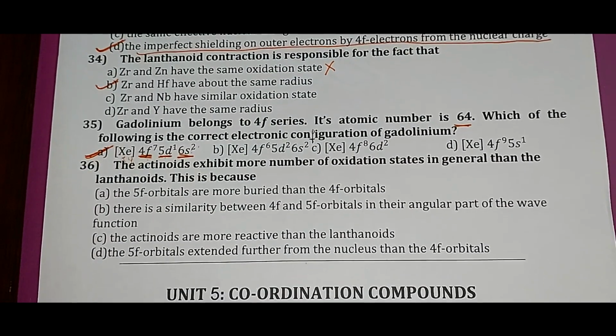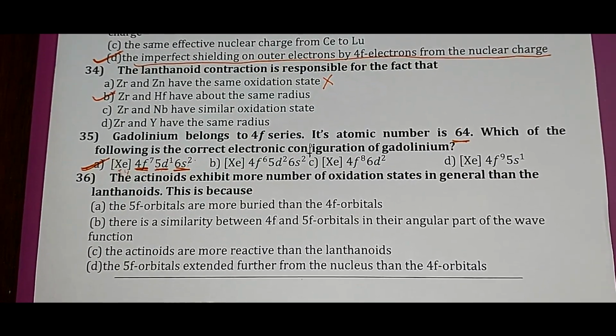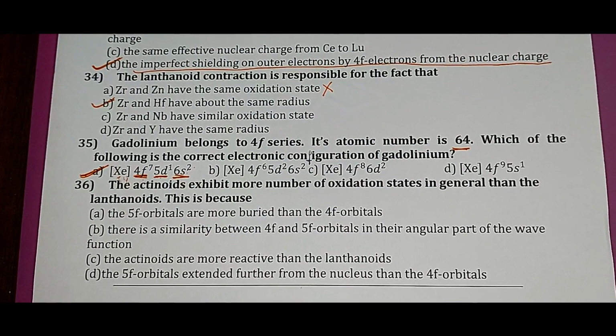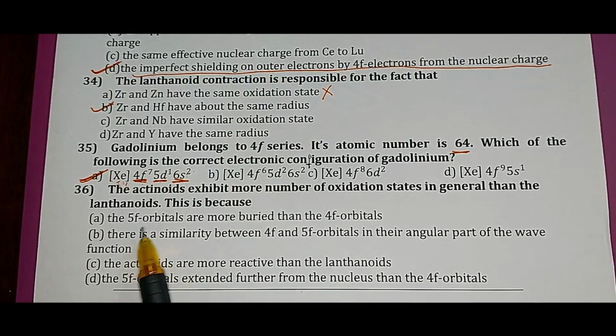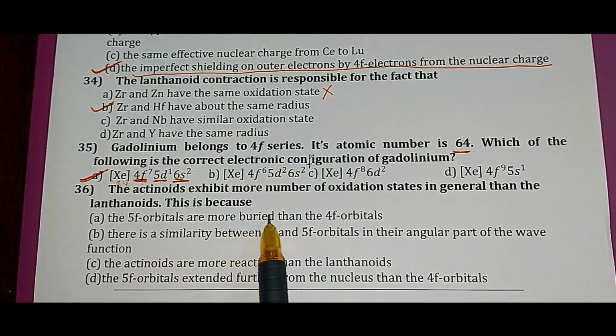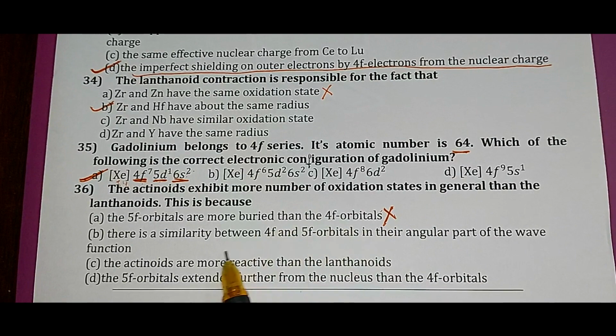Question number 36. The actinoids exhibit more number of oxidation states in general than that of lanthanides. This is because? They have given 4 options, we'll go with it. The 5f orbitals are more buried than 4f orbitals? No, the 5f orbitals are away from the nucleus than that of 4f orbital.